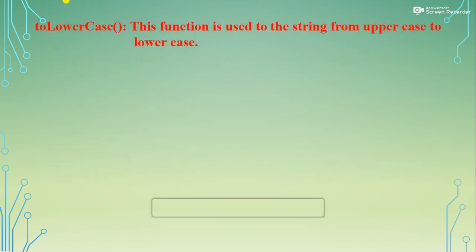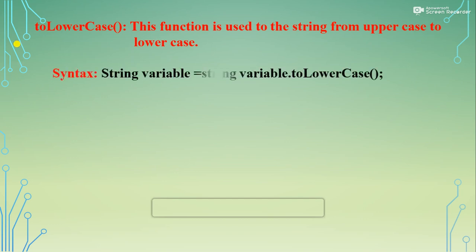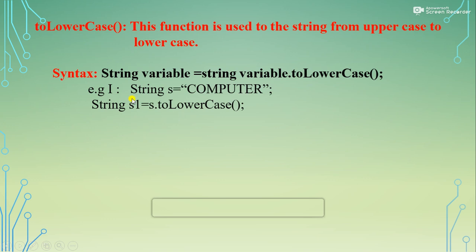Next is toLowerCase. Here L is a capital, C is a capital. This function is used to convert the string from uppercase to lowercase. Let's have the syntax. String variable equals to string variable dot toLowerCase. Again I am telling you, L is a capital, C is a capital. So see the examples.